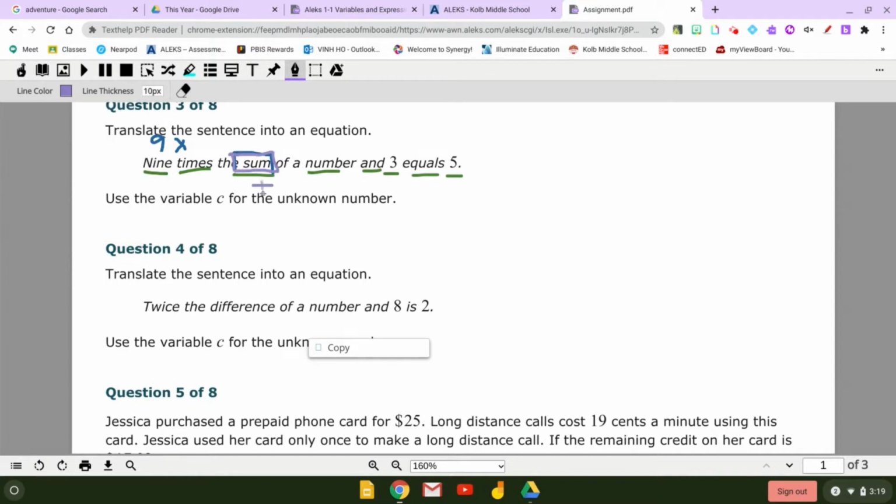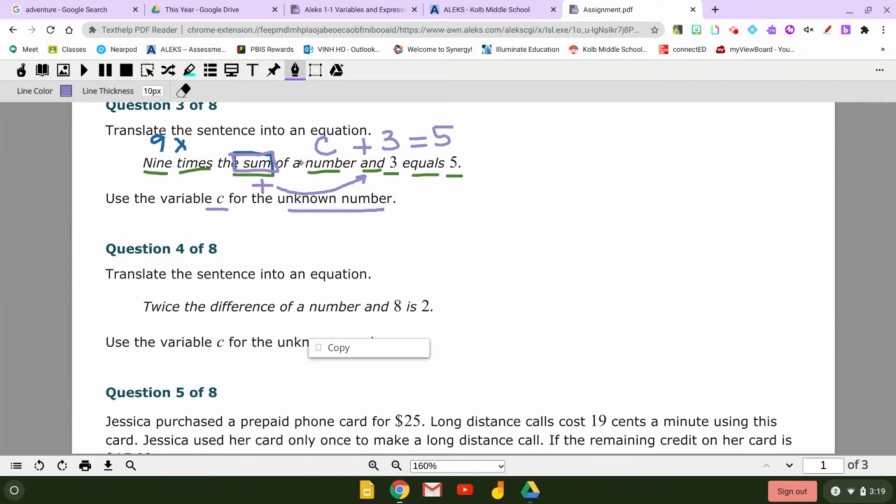So addition, where is addition going to go? It goes as letter N, right? So plus is going to be right here. The sum, 9 times the sum of a number. So what is that number? Use variable C for the unknown number. So that will be C, right? The sum of a number and 3 equals 5.